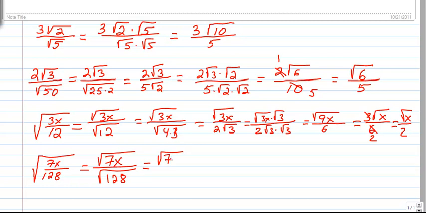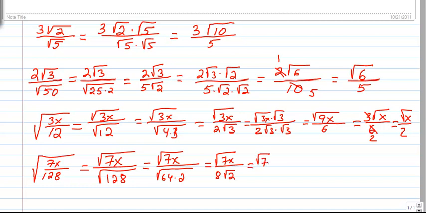We will keep our numerator unchanged, and we will simplify 128 as 64 multiplied by 2, a perfect square and a prime, and that will let us extract the square root of 64, which is 8, but square root of 2 is still there.